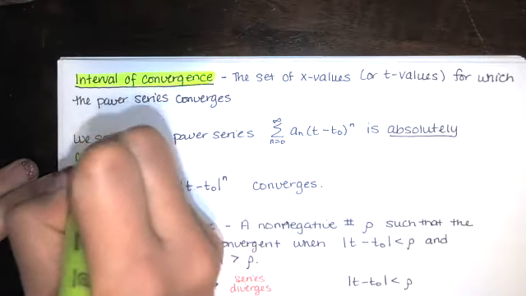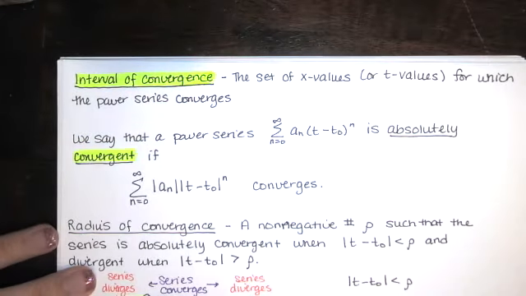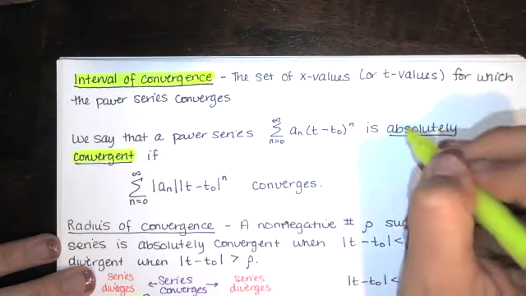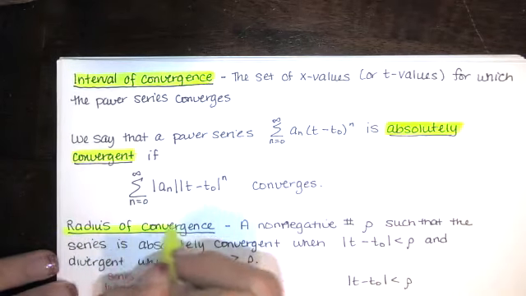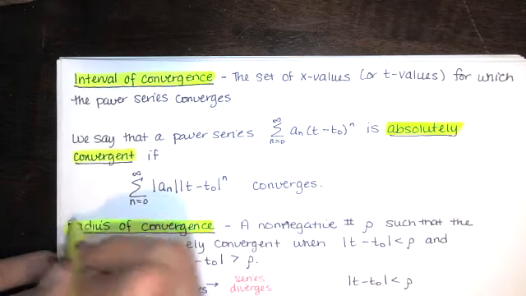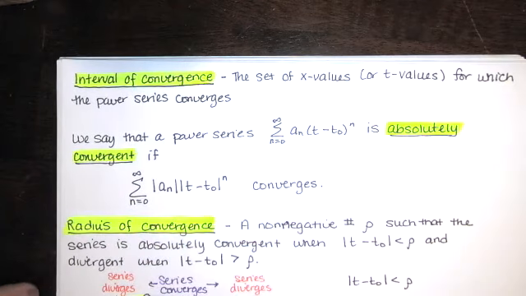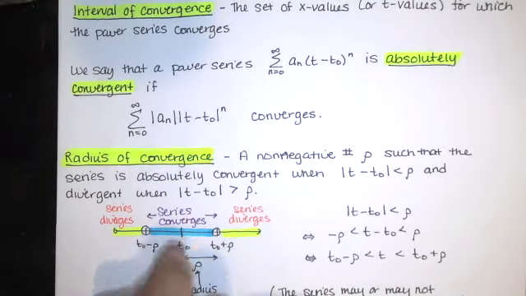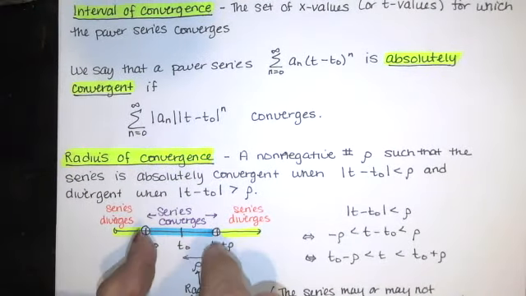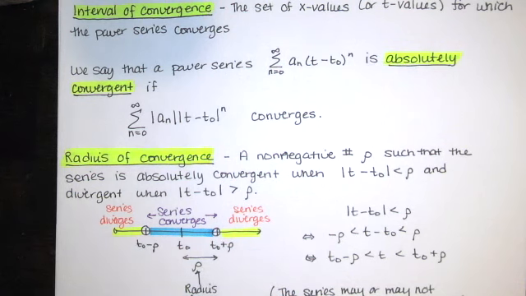And all of this is related to this idea of an interval of convergence, a set of x values for which our power series is guaranteed to converge. And the radius of convergence, the interval of convergence is the entire interval where it converges, which might be this, or it might be this, including the endpoints, or one of the endpoints, or neither of the endpoints.